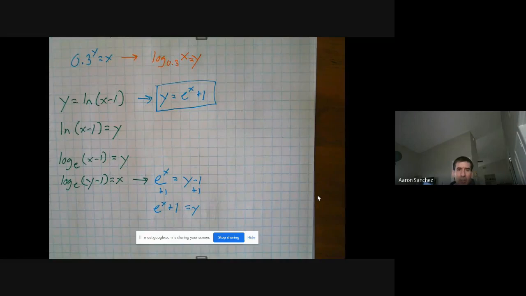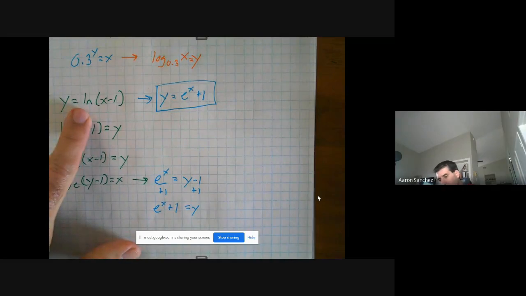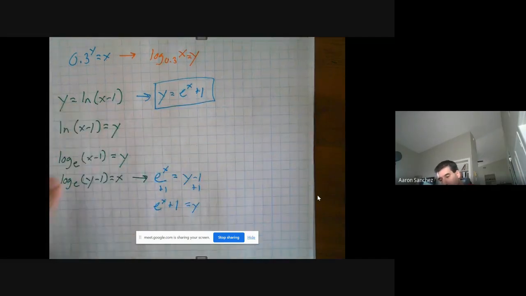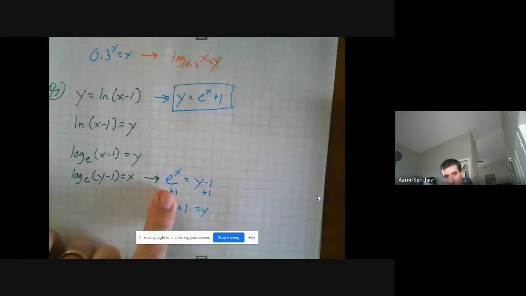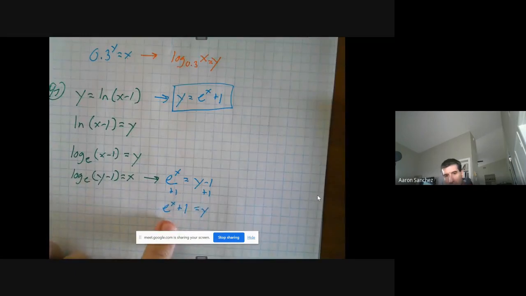So what did I do there? Remember, you got to switch the x and the y to get the inverse, right? We also know that natural log is just a fancy way of saying log base e, so x minus 1 equals y, I switched it around. Then we just solve for y. We put it in exponential form, which we learned how to do. And then this minus 1 here, you just add 1 on both sides, and boom.